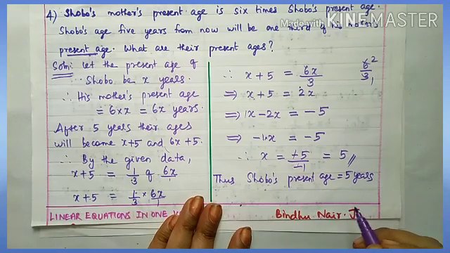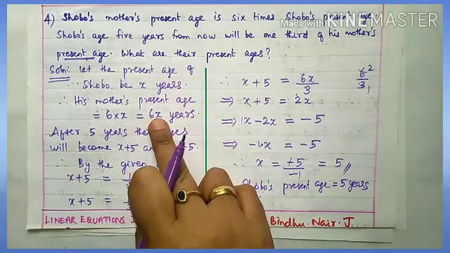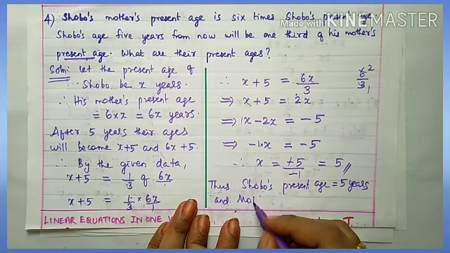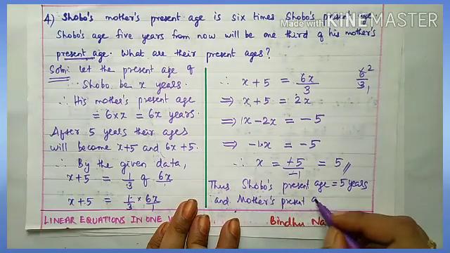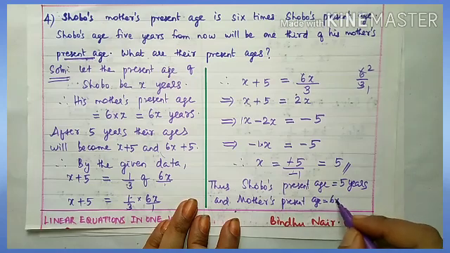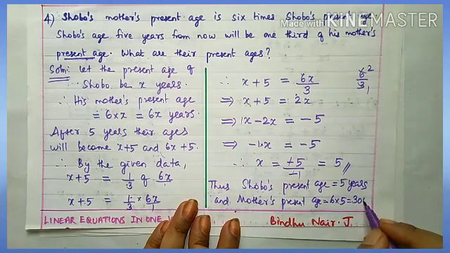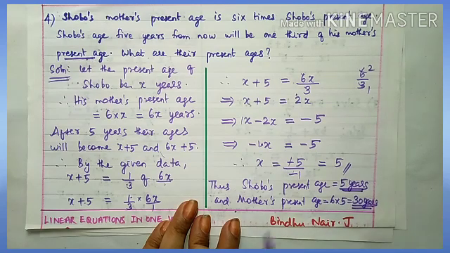And can you tell what is mother's age? Yes, mother's present age is 6 times 5. What is 6 times 5? 30. 6 5s are 30 years. Thus, Shobho's present age is 5 years and mother's present age is 30 years.